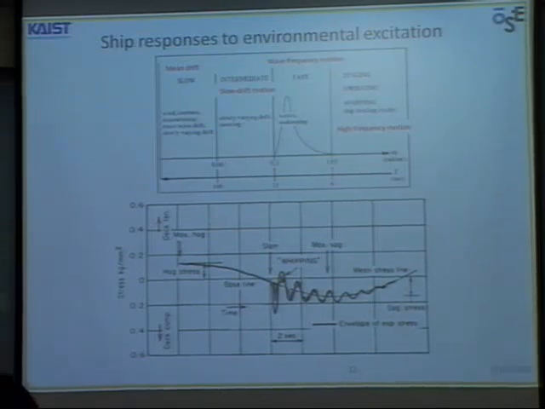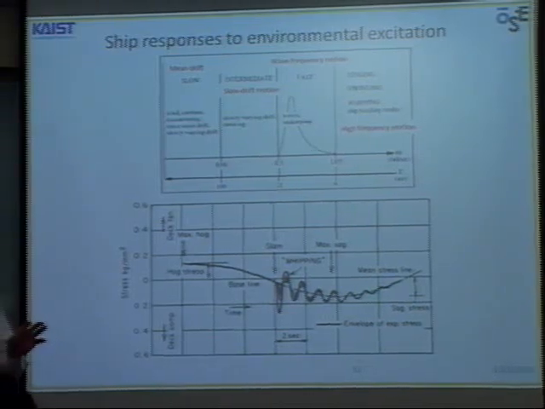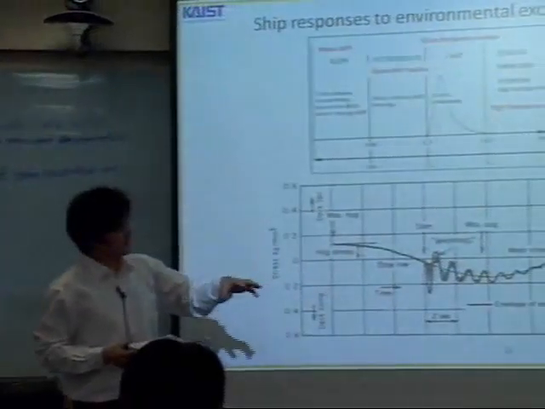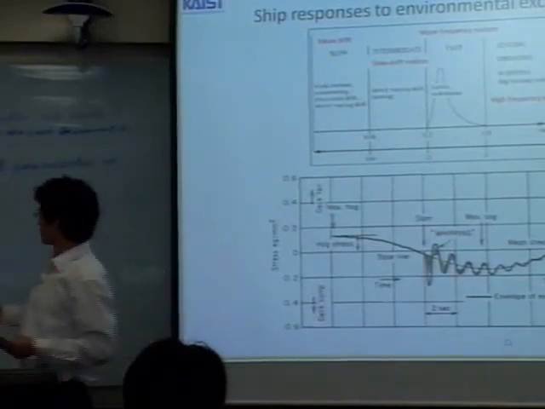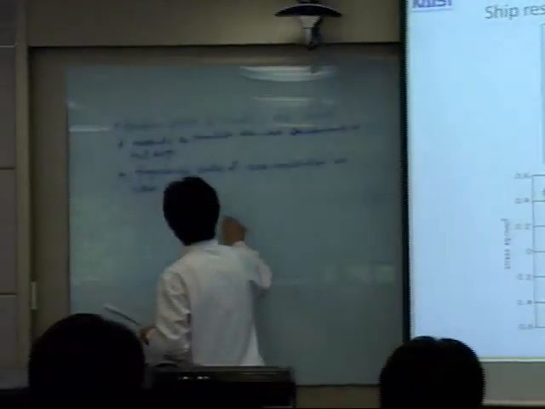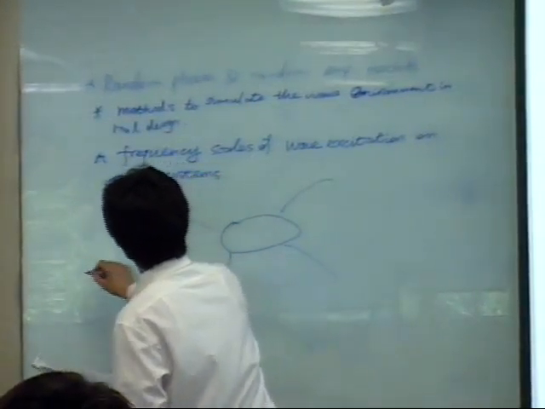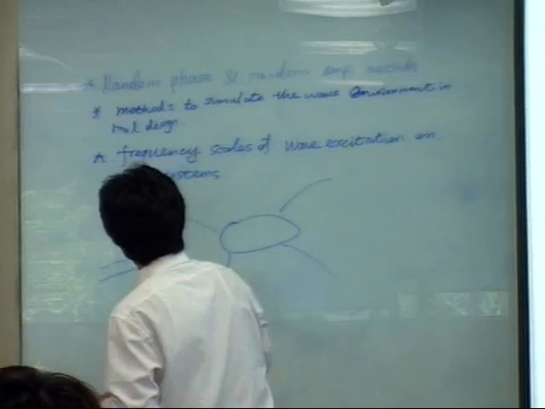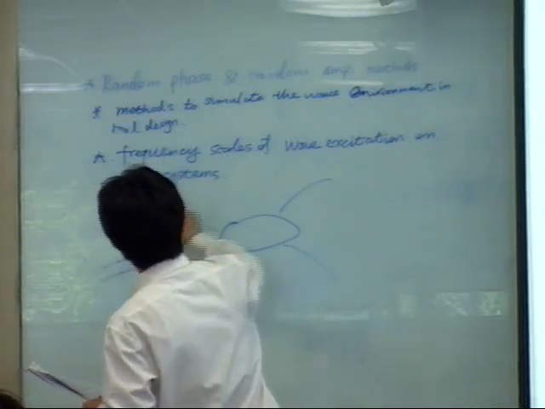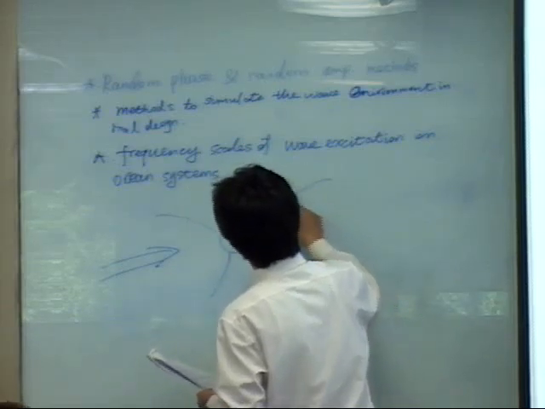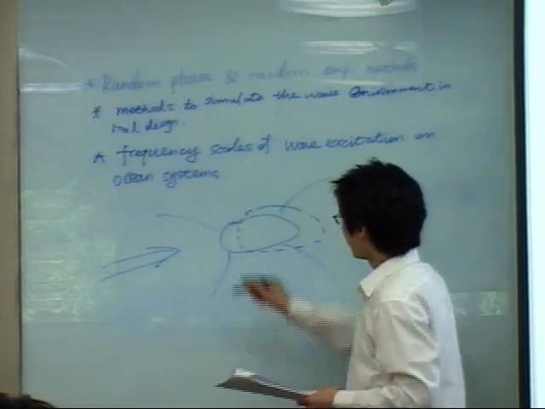The structure does not respond dynamically, but you have a moored structure here, and you have long waves coming this way, and then the structure will move to this part.